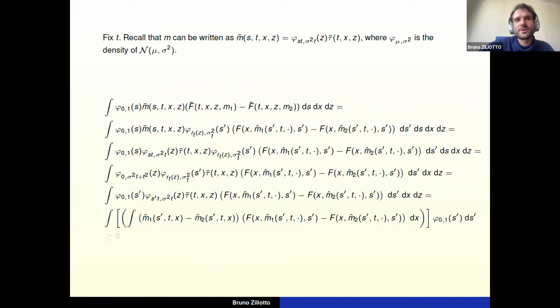It's rather technical. But what I would like to emphasize is that it works because we have this very special decomposition of the measure of players as a product between some terms that describe the density of z given s. That is very simple; that is basically a density of a normal distribution.